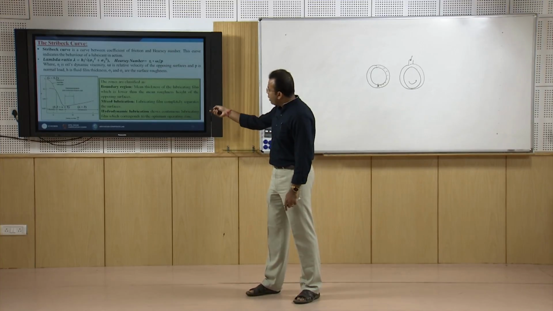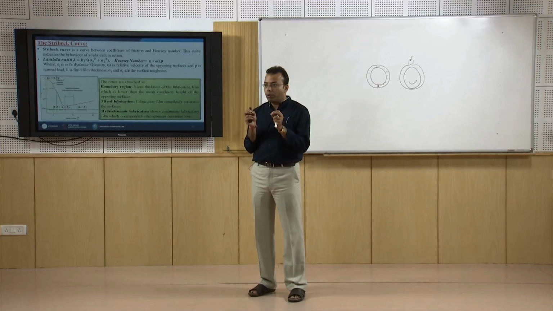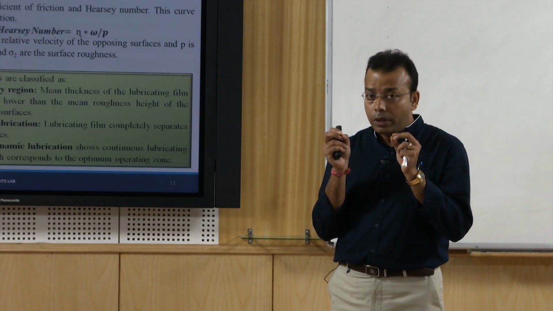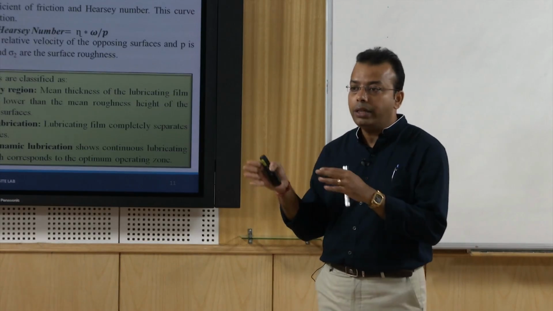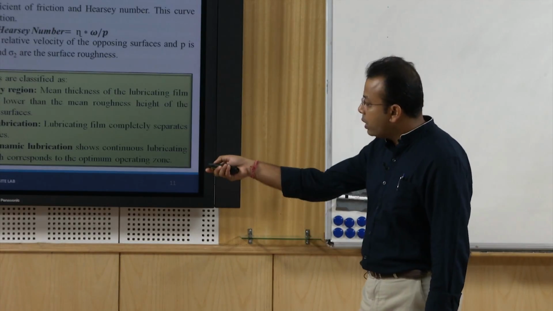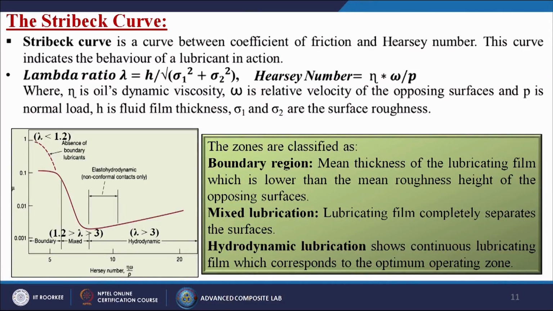From this particular case we can understand that the Hersey number is a number which will define whether your material will lie in different conditions. So, if we draw this curve, from that curve we can calculate the lambda ratio.